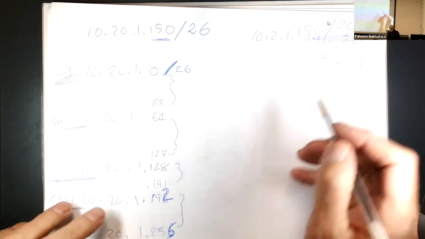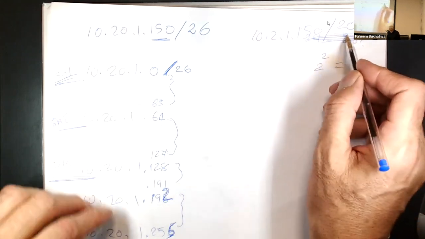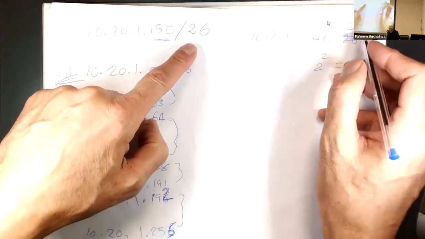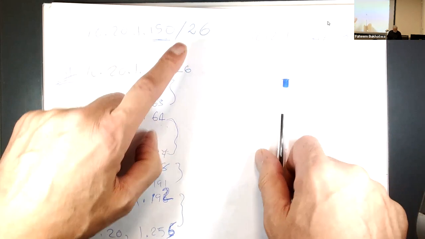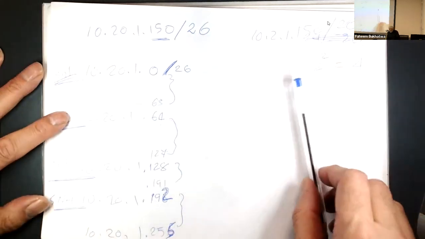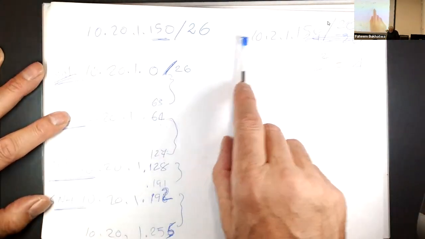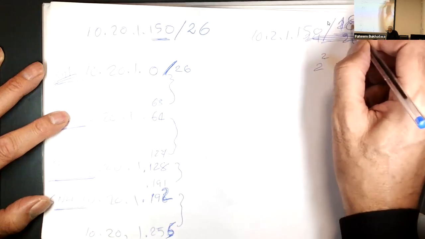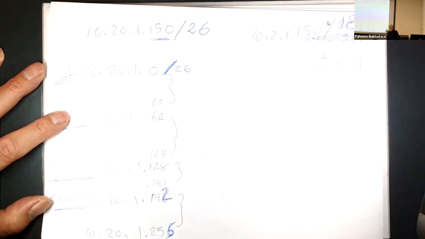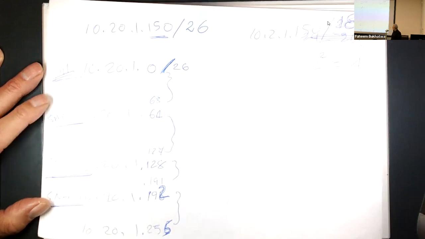So you figure out, in fact, if I can get 26, let's say, not 26, let's see, that will be the equivalent of 18. Let's say /18. This example here.